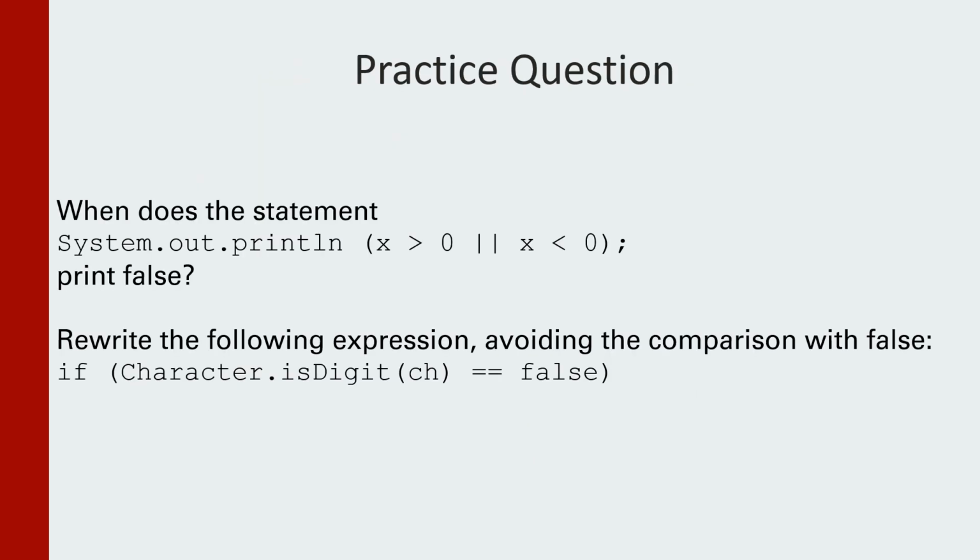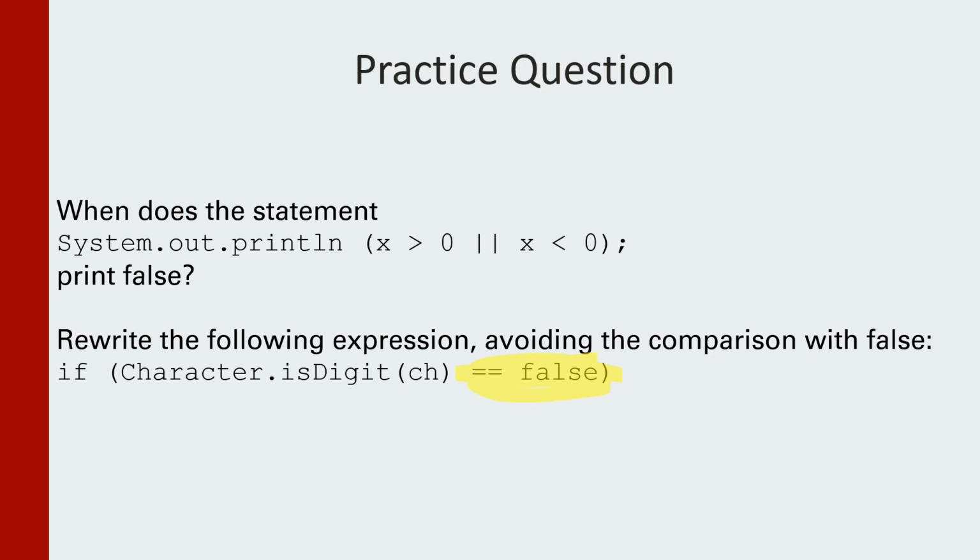Here are 2 more questions. When does the statement System.out.println x greater than 0 or x less than 0 print false? And then finally, rewrite the following expression, avoiding a comparison with false. So what that means is I want to get rid of this section of the code that says equals false. And remember, this evaluates if the whole thing is true. And let me just explain what Character.isDigit(ch) means.